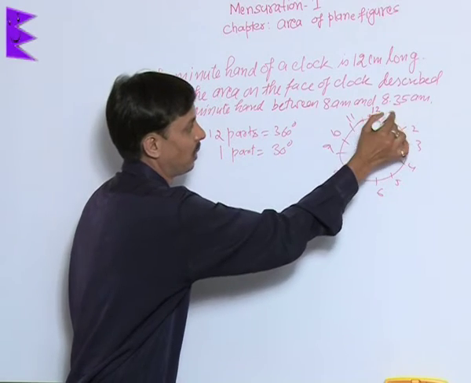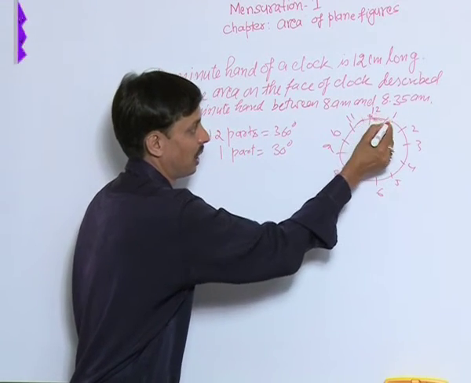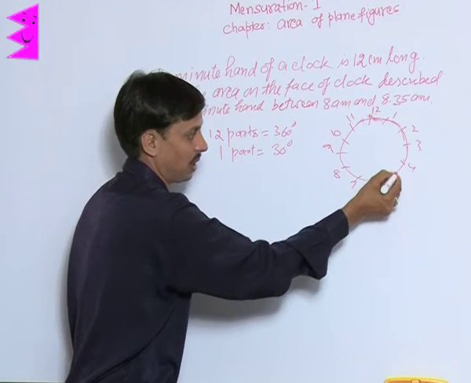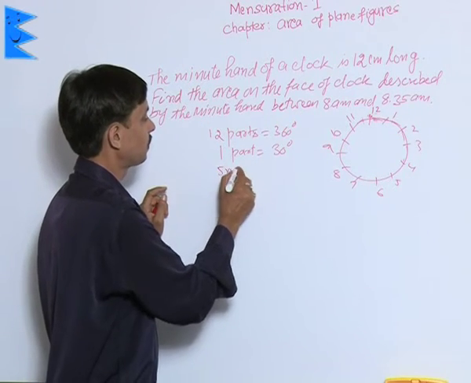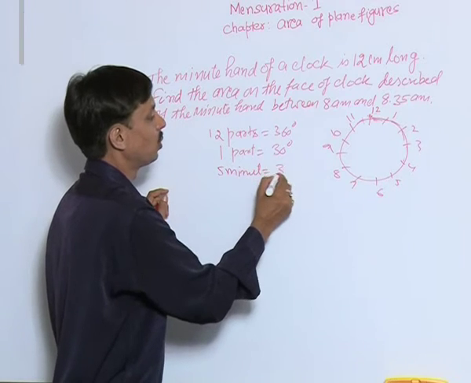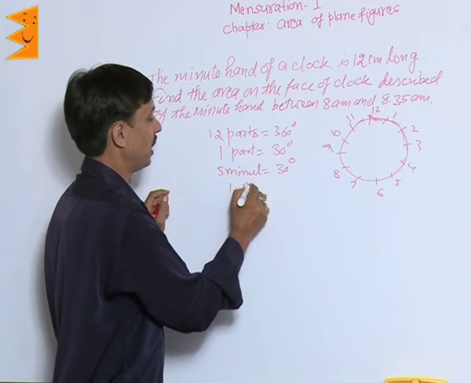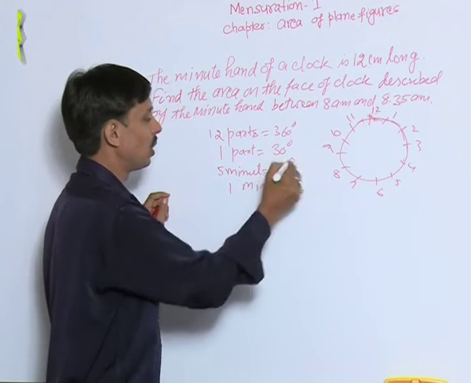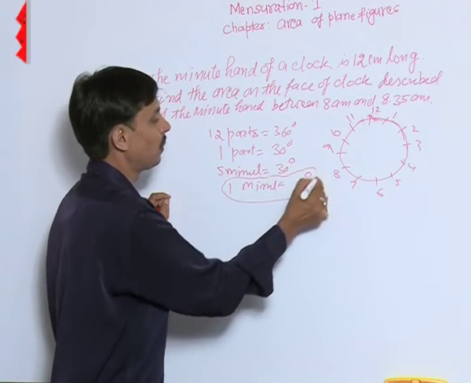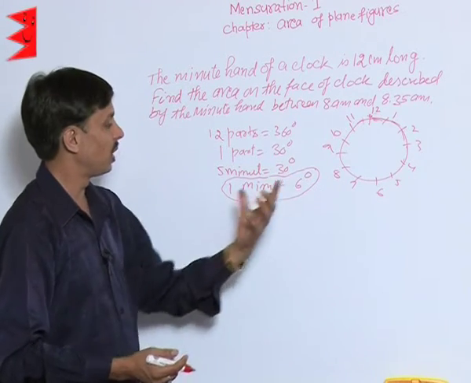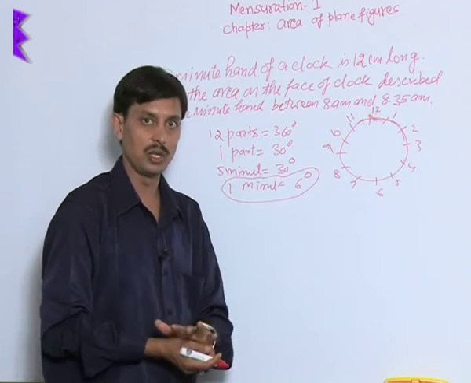But in one part, what do we find? 5 minutes. So 5 minutes are equal to 30 degrees. So 1 minute is equal to how many degrees? That is 6 degrees. So on the face of the clock, 1 minute is equal to 6 degrees.